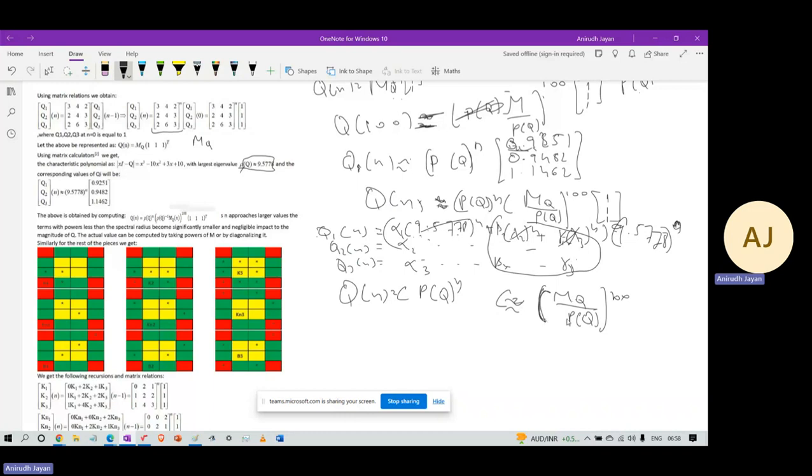This matrix will be largely constant as the remaining powers of the eigenvalue tend to 0.